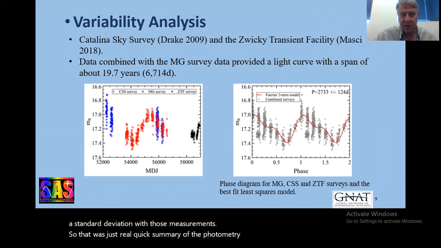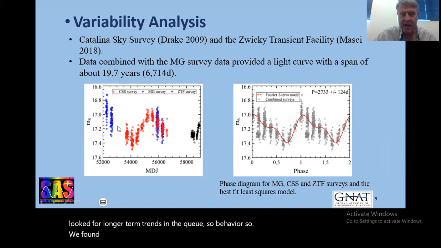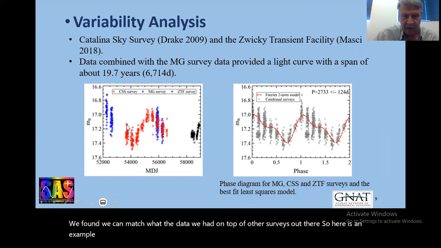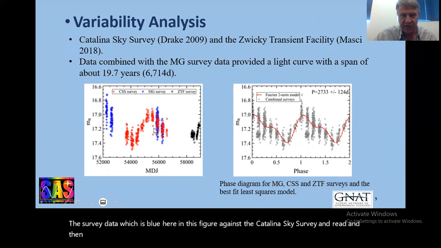For the variability analysis, we look for longer term trends in the QSO behavior. We found we can match our data with other surveys. Here is our MG survey data, in blue in this figure, against the Catalina Sky Survey in red, and the Zwicky Transient Facility survey in black.